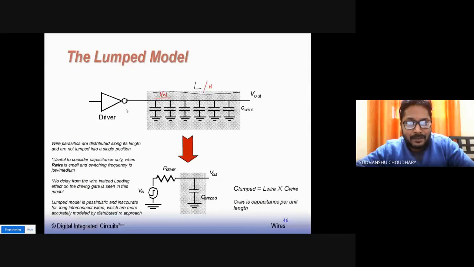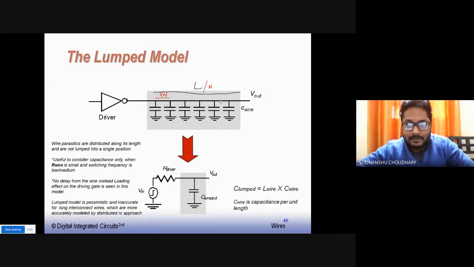Now, apart from the distributed model, this one, the bottom one, is called a lumped model, where all these capacitances are lumped into a single capacitor, right? So this is the lumped capacitor based wire model, and this is the distributed capacitor based wire model. The distributed capacitance based wire model is more accurate than the lumped capacitance based model. But if somebody wants to find the delay of the lumped capacitor model, it's a first order circuit, so the delay can be easily found.